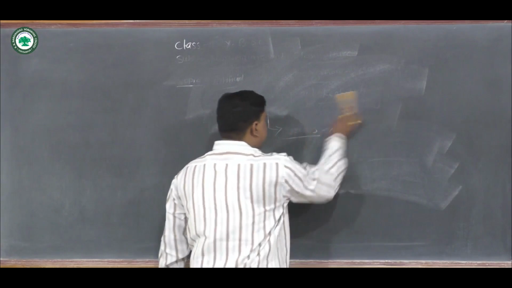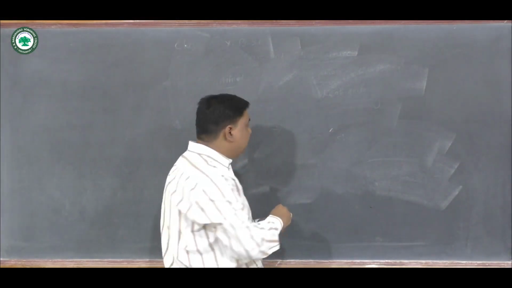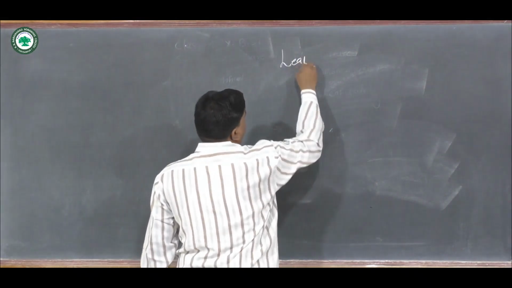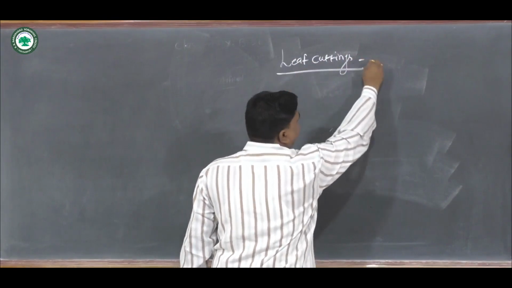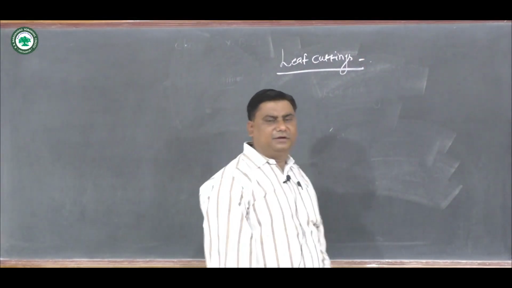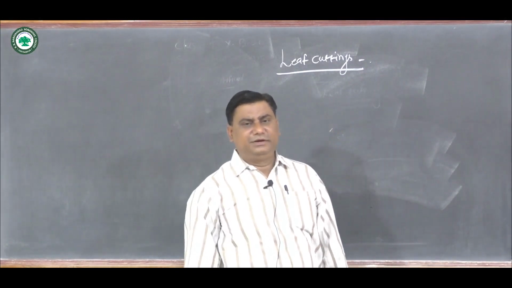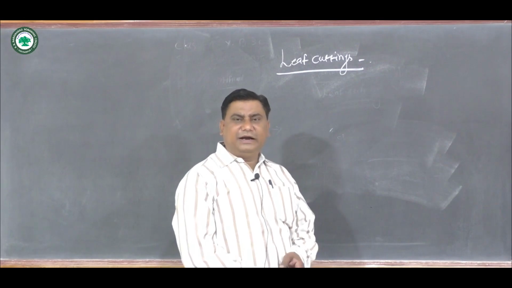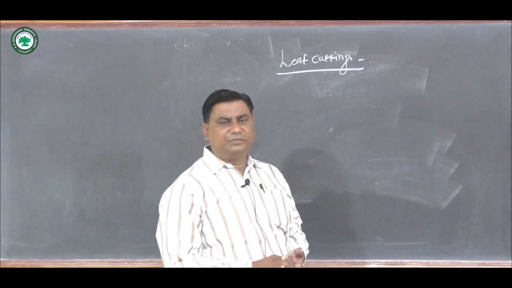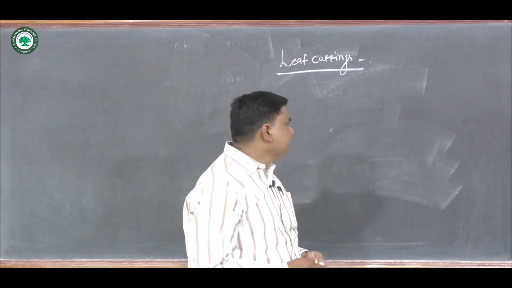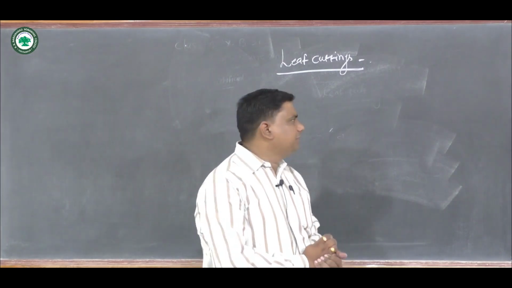Then we are going to see leaf cutting. Here a leaf or part of a leaf is used for propagation of a new plant. According to the plant species, there are different methods of leaf cutting.